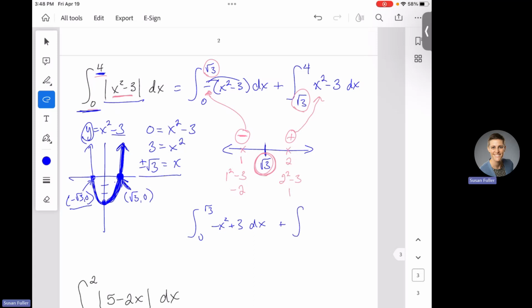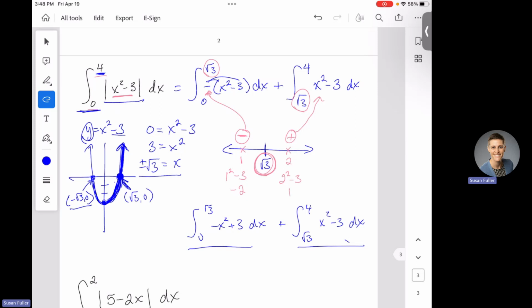And you'll add to that the integral from the square root of 3 to 4, x squared minus 3 dx. And then you'll work each of those individually, just like normal. I trust you to complete that. I think splitting these is the hardest part.